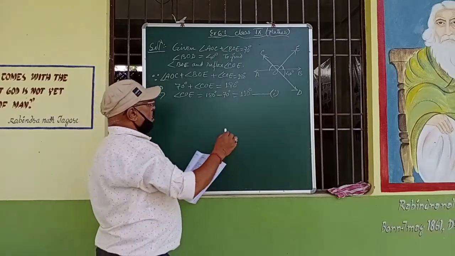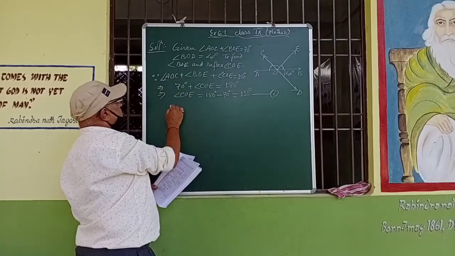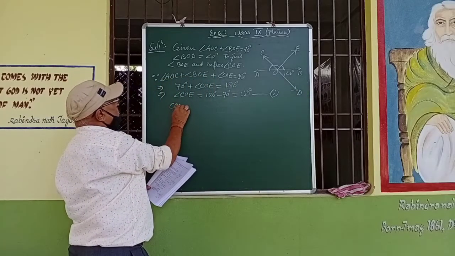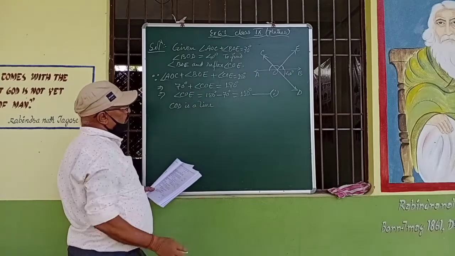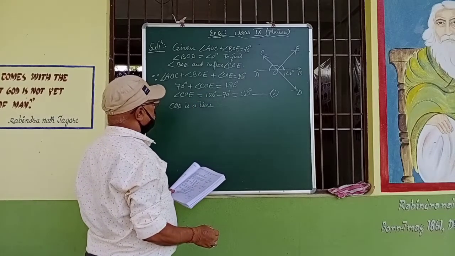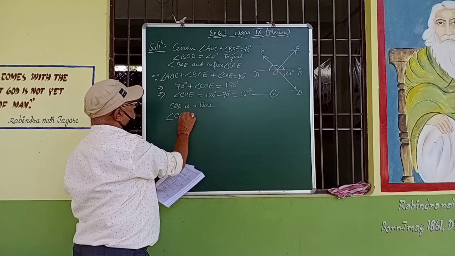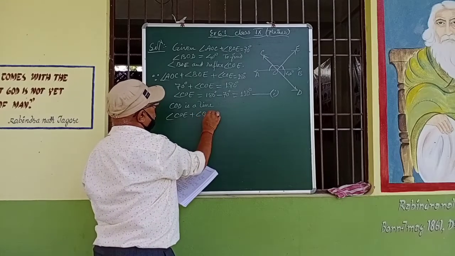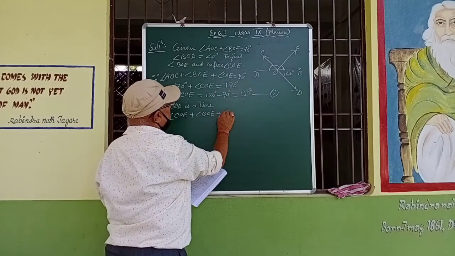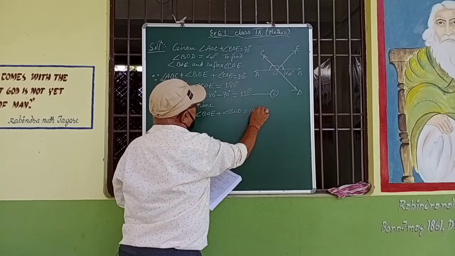Again, COD is a line. So COE plus BOE plus BOD is equal to 180 degree.